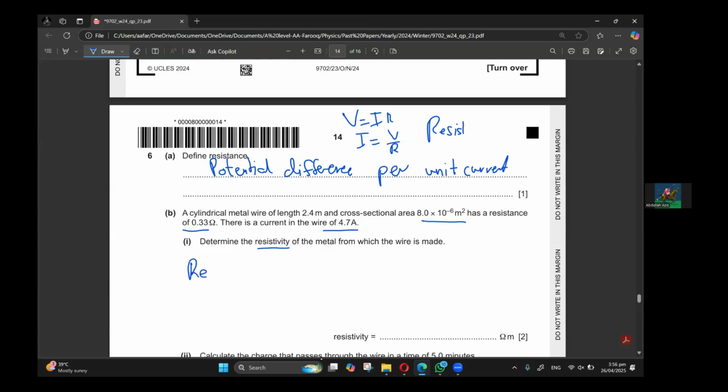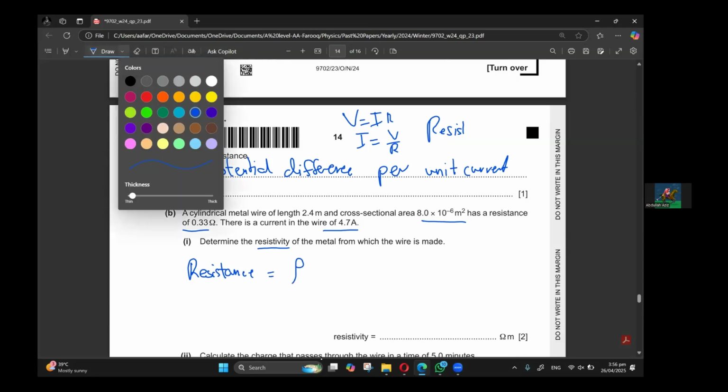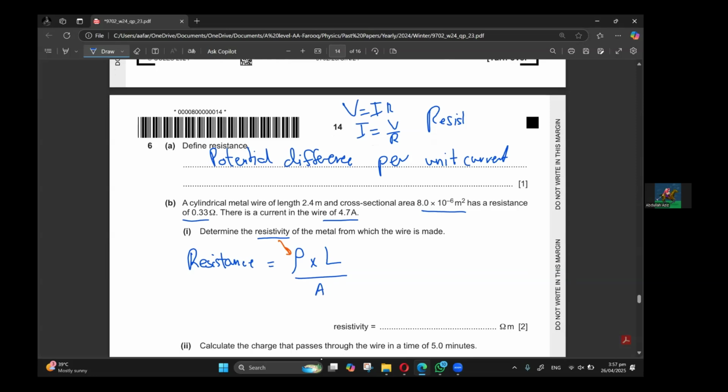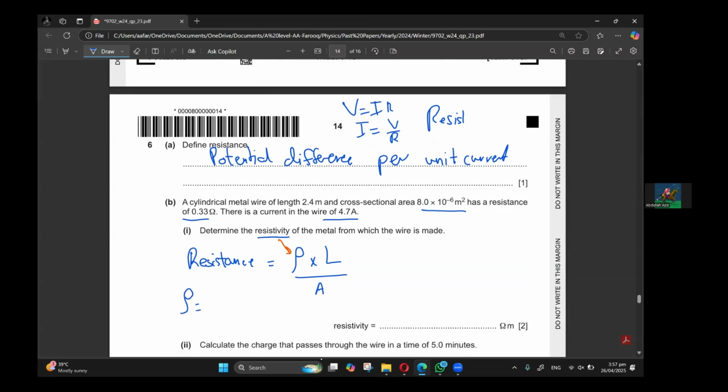We know that resistance is equal to resistivity times length over cross-sectional area, rho L over A. So resistivity is equal to resistance, which is 0.33 ohms, times cross-sectional area, which is 10 to the power negative 6 meters squared, divided by length, which is 2.4.